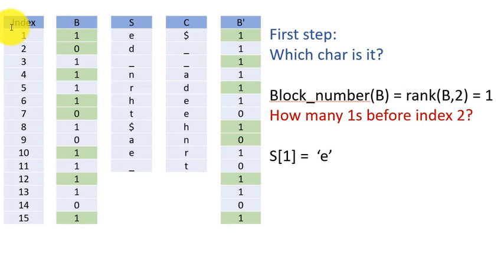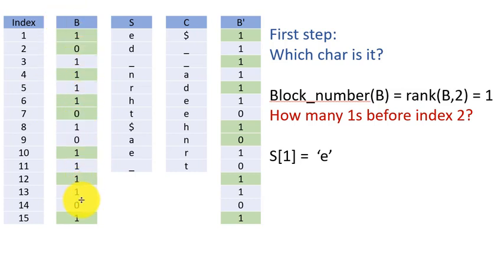Okay, so here are the key points of how to actually get the task done. The first step is to find out, because we don't have L and F, so we don't know which character we're talking about here. So what character do we need to decode? You'll find out, right? The first step is to get the block number of B here.